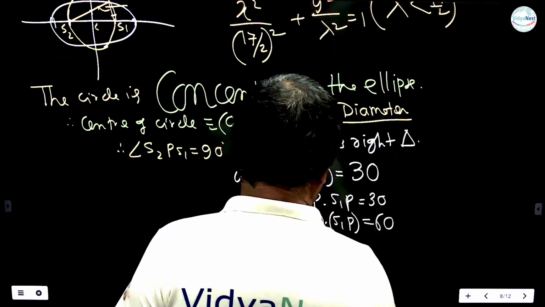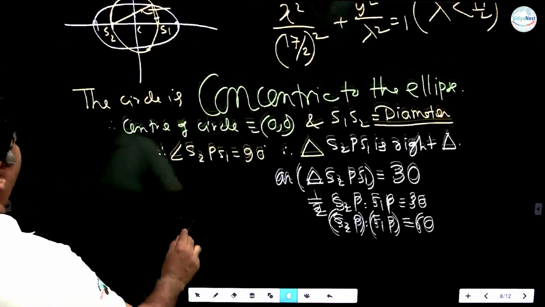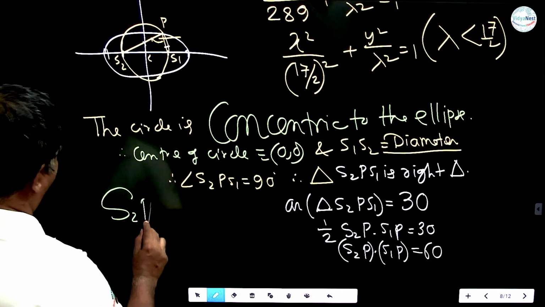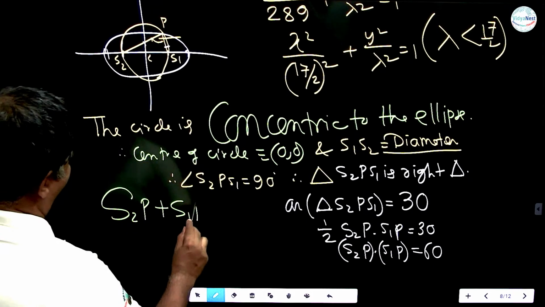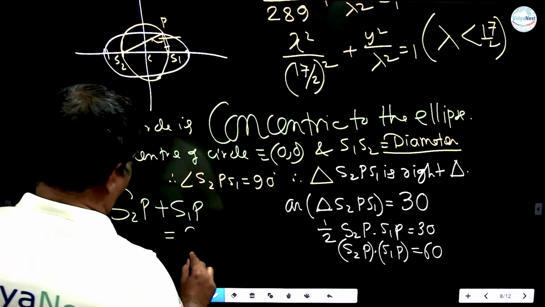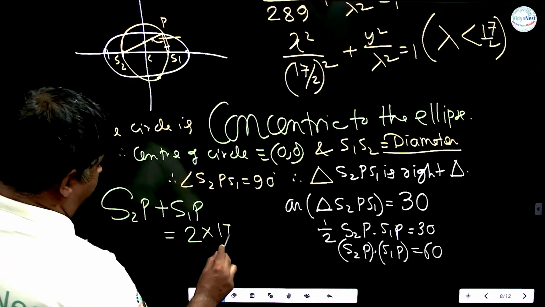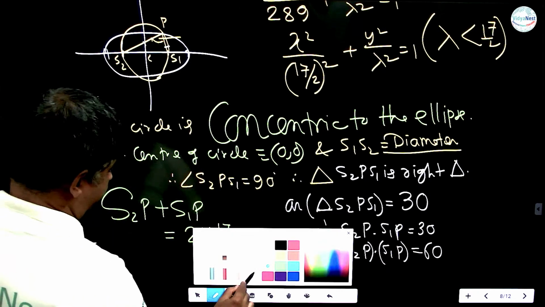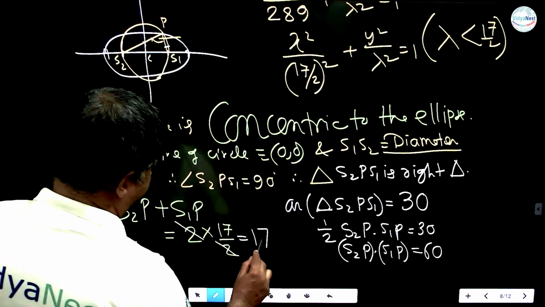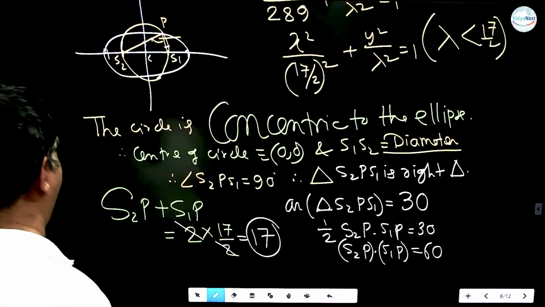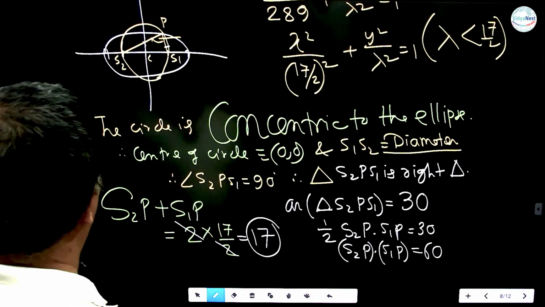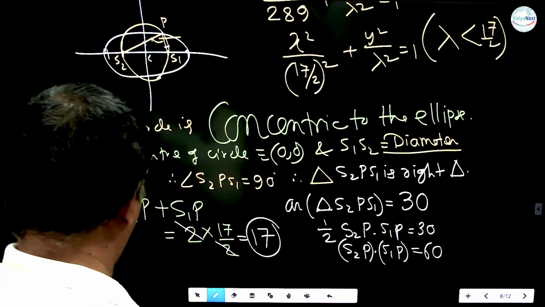So according to this figure, S2P plus S1P is twice A. What is A? 17 by 2. 2 into 17 by 2, the 2s cancel. S1P plus S2P is equal to 17. Understand? Understood, sir.